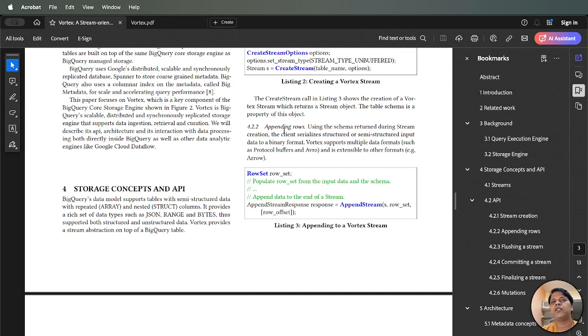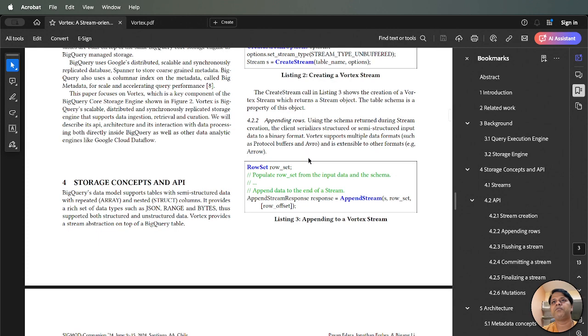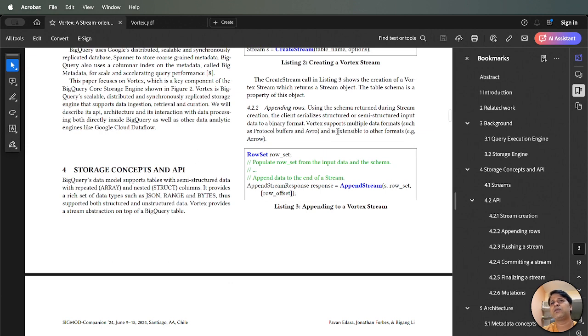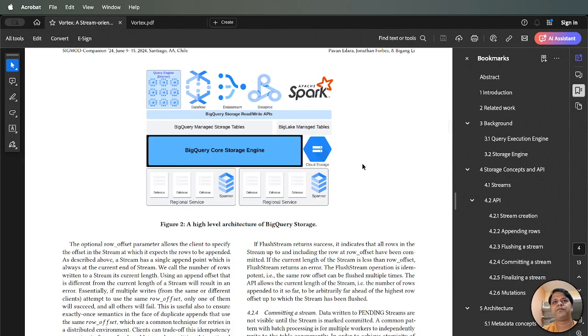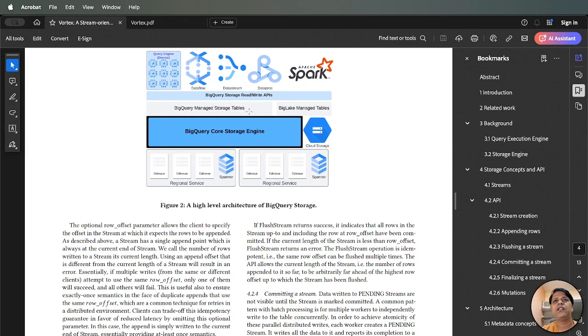When the client writing to the stream sends the data, it will use the offset to write to it. The data is in binary format when written to the stream. Other data formats are also supported, but here let's assume binary.